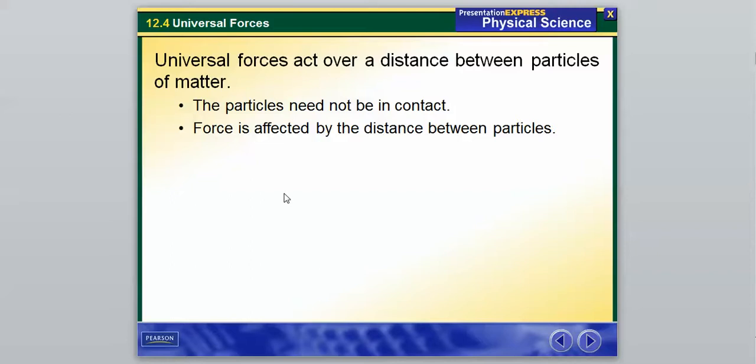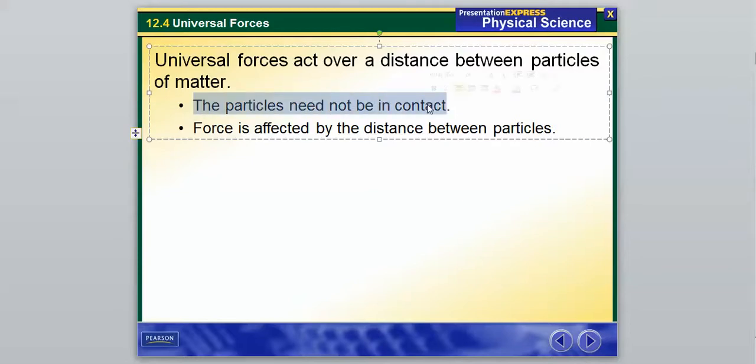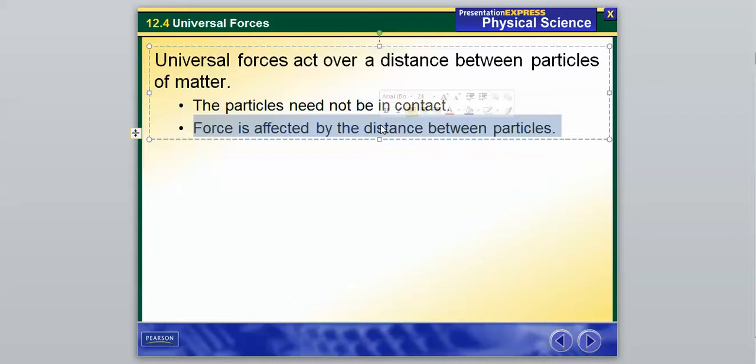Our universal forces act over a distance between particles of matter. What that means is that the particles don't need to be in contact for these forces to act upon each other. And force is affected by the distance between particles. If two particles are closer together, the force is going to be greater. If they're farther apart, the force is going to be weaker.